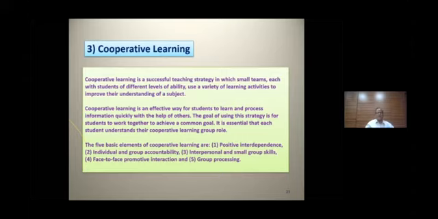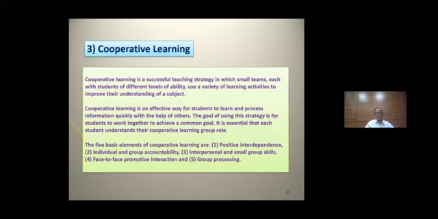There are different elements of cooperative learning: positive interdependence, individual and group accountability, interpersonal and small group skills. Interpersonal skill is also important in carrying out tasks, big tasks, especially after joining the industry, face-to-face promotive interaction and group processing.